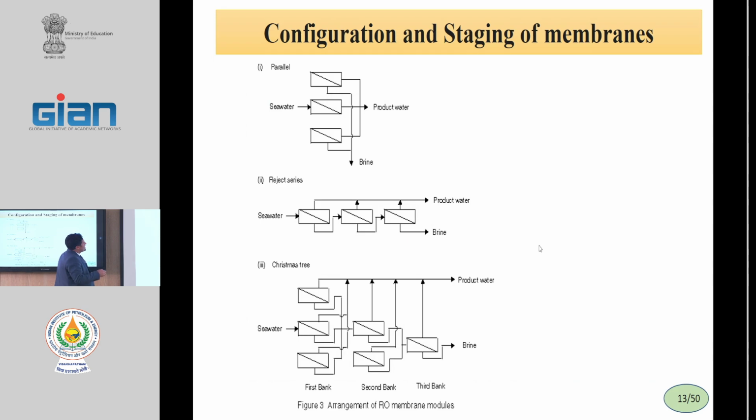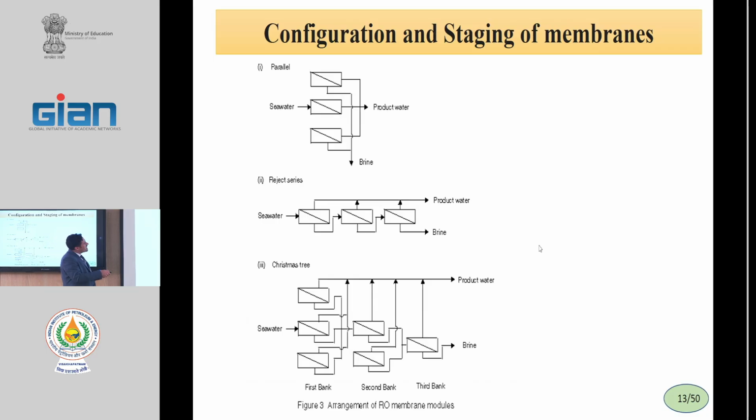For example, in this case, we have brackish water modules. In this case, we can see seawater modules. And in this, we can have membrane distillation modules. The membrane types can be changed, but we want to increase the productivity and recovery.